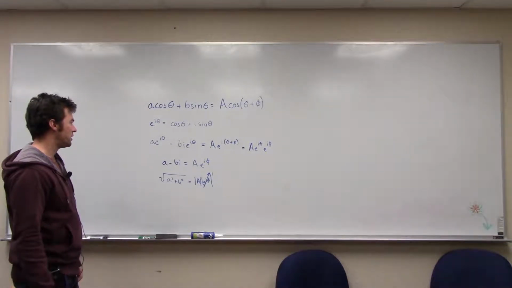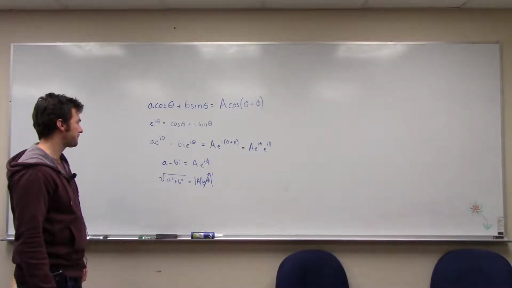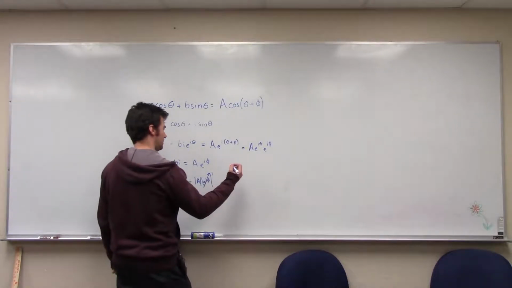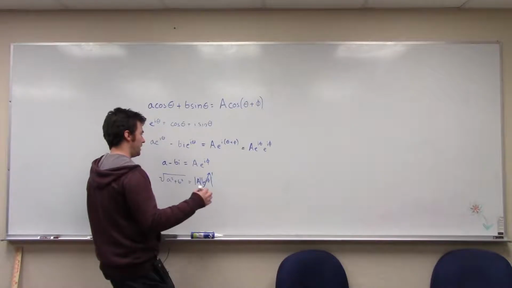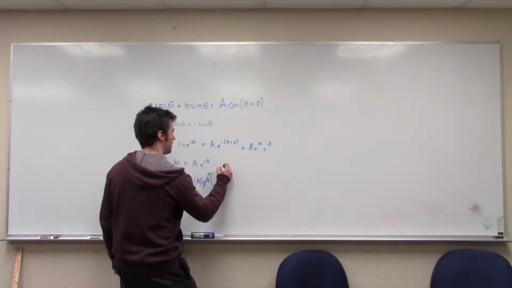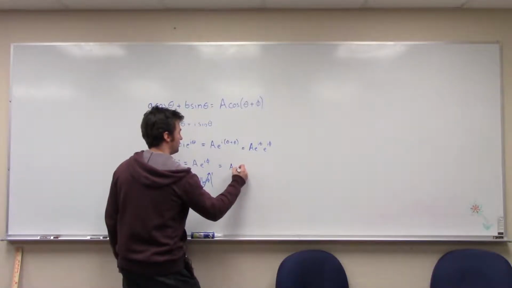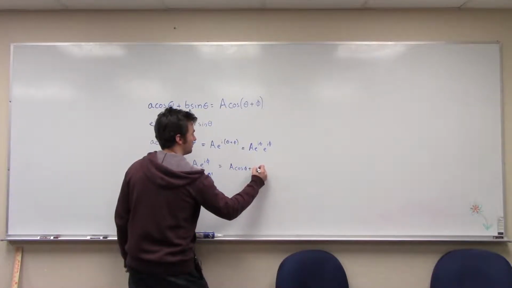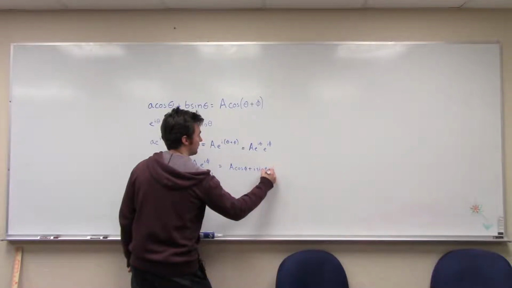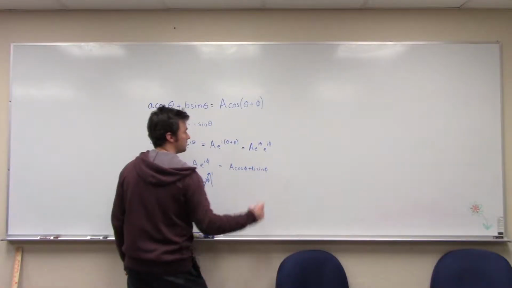And now let's figure out what phi is then. So the way that we do that is we can go ahead and substitute in, let's say that this is A cosine of phi plus i sine of phi, or Ai sine of phi, I should say.